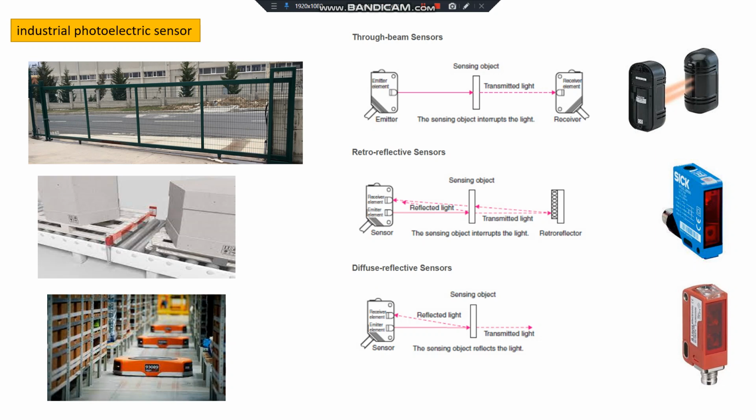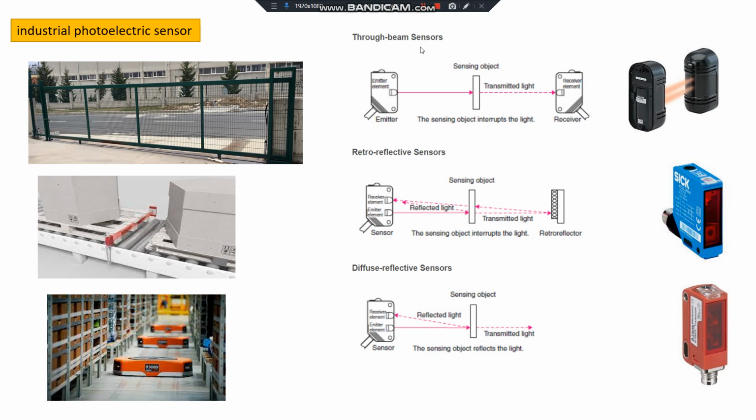We are using all of these in the industrial area, and they are used in many areas, but here there are three examples, and these examples show the usage types of these sensors.